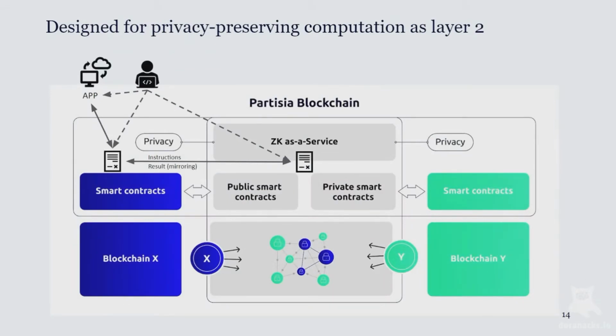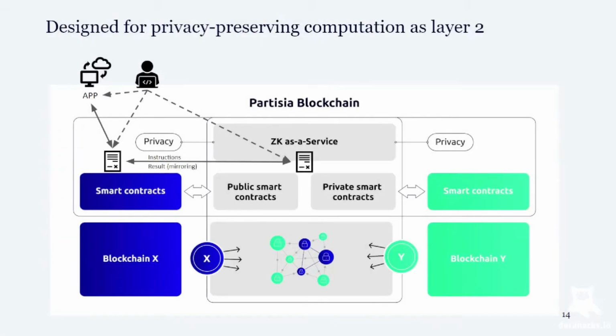Finally, some words on how you can use this as a second layer solution. I think this gives an overview where you can see that, on any blockchain, you could run your public smart contracts and do your transactions, and then you could use Partisia just for ZK-as-a-Service, meaning that you deploy the private part of the smart contract on Partisia, and you keep the public part of the contract primarily on the other blockchain.